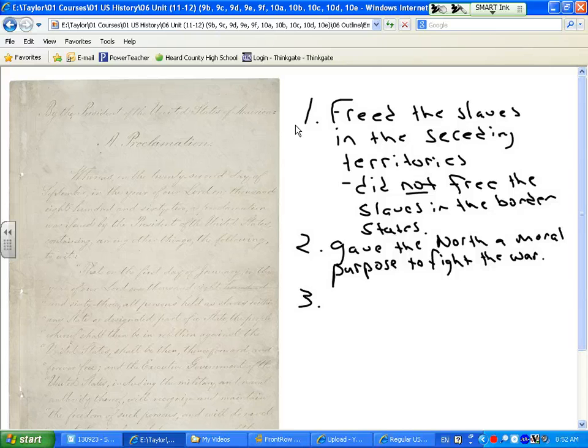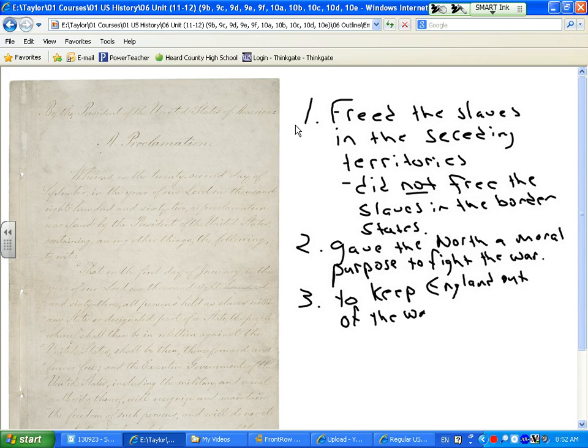The third reason for the Emancipation Proclamation was to keep England out of the war. Slavery was illegal in England, and if they had entered the war on the side of the Confederacy, which they were close to doing, then they would have looked like the biggest hypocrites in the history of the world. And so the English king chose to keep England out of the war.